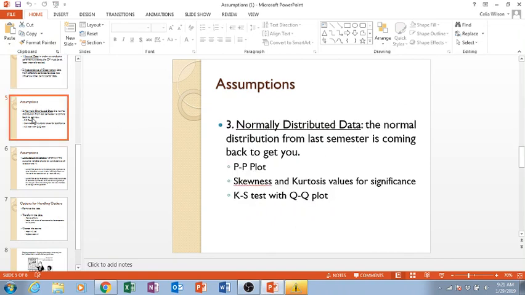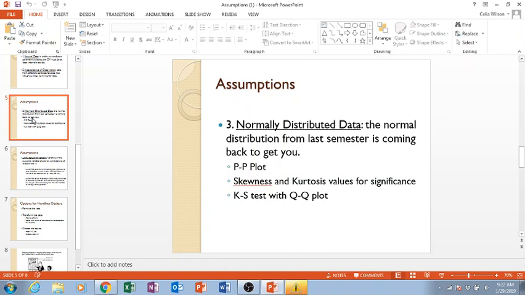Okay? Now this one, normally distributed data. Remember that normal distribution we talked about last semester? We have to assume, let's say we're doing an ANOVA, in order for the ANOVA, the analysis of variance, to operate properly, our data has to be normally distributed.